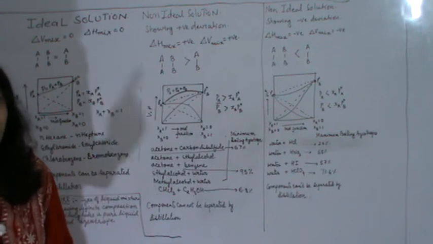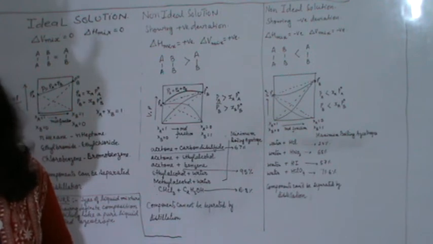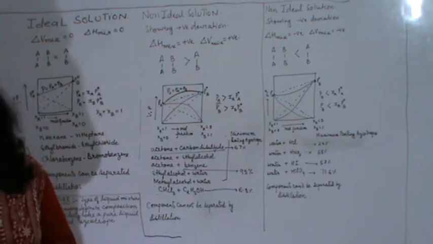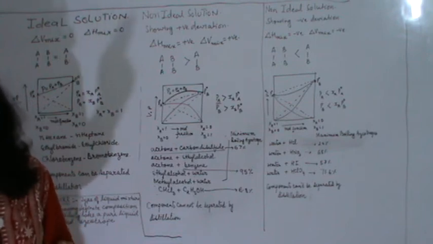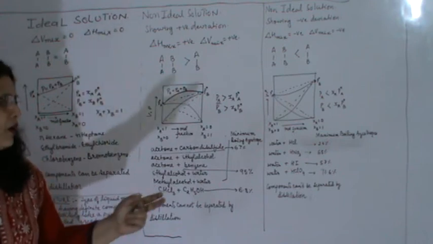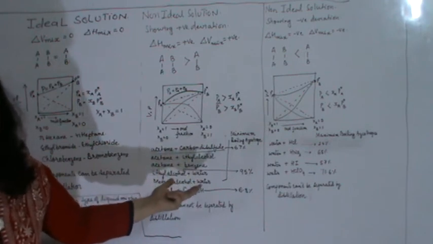It means you cannot separate water from ethanol with the help of distillation. Now if you want to dry this ethanol, you have to use another method. You cannot separate water and alcohol with the help of distillation because they have made a constant boiling mixture.